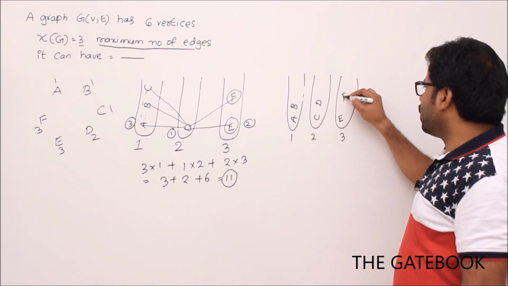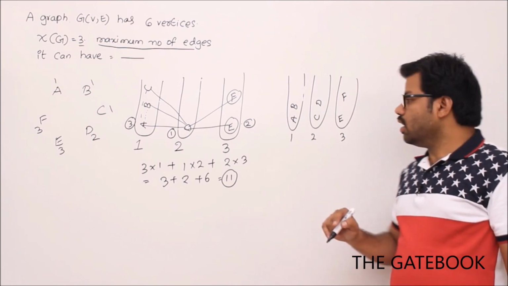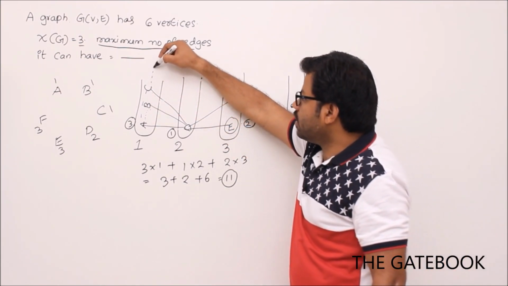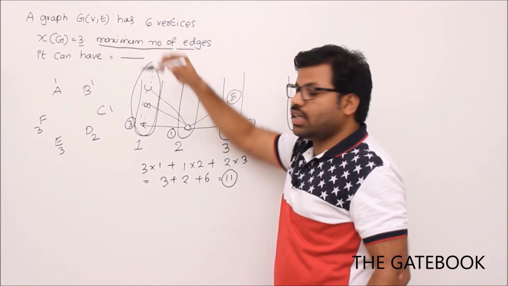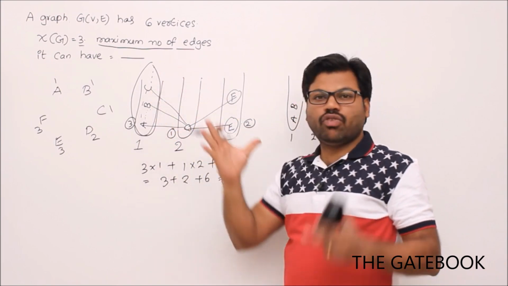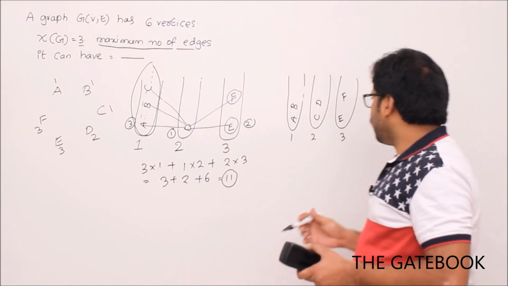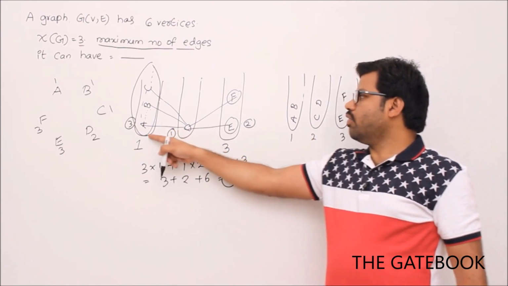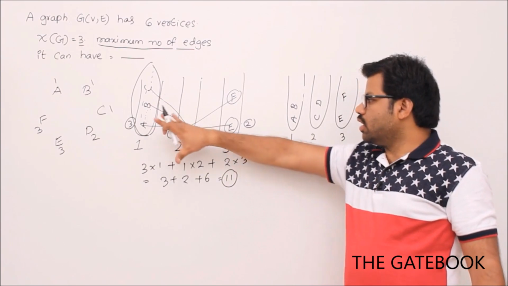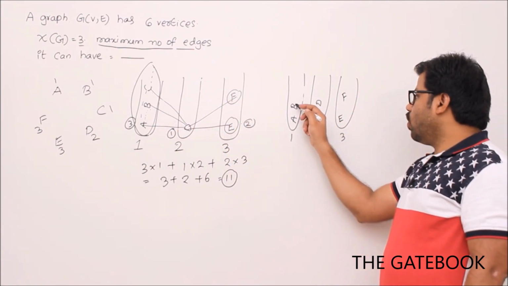Whenever I keep all the vertices in one partition, you are restricting yourself from adding a lot of edges. When there are more vertices in one box, fewer edges you can add, correct? So don't try to keep all the vertices in one box. We have to distribute vertices into partitions equally. That will be the best possibility, so that I can have a lot of edges.